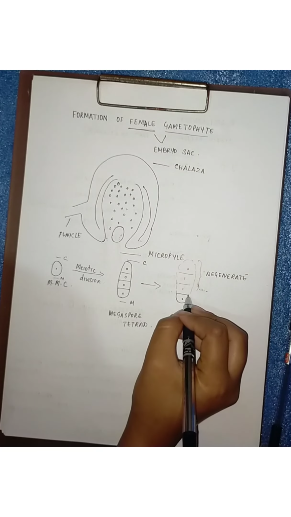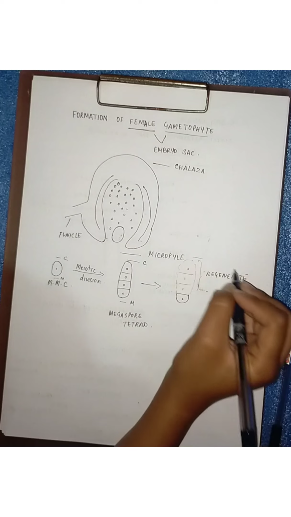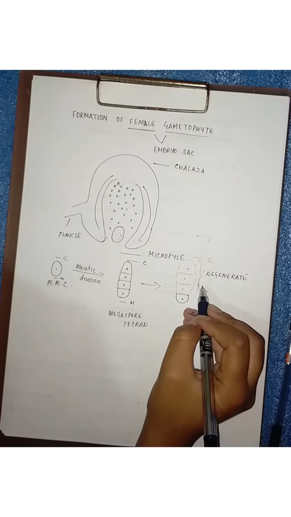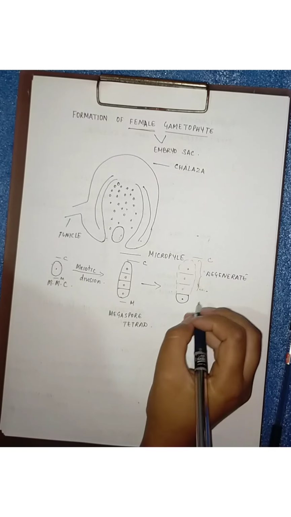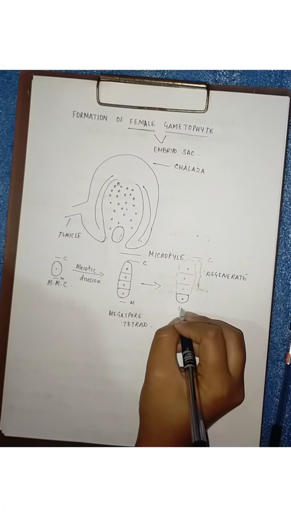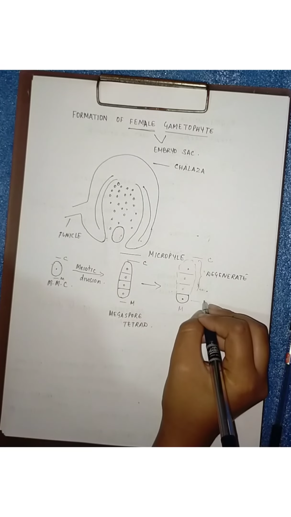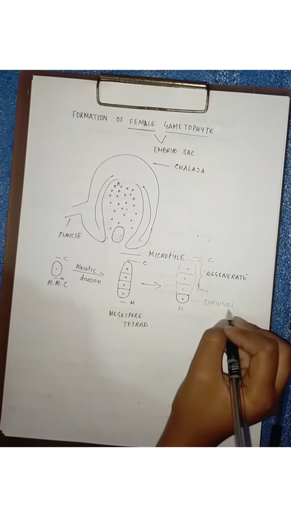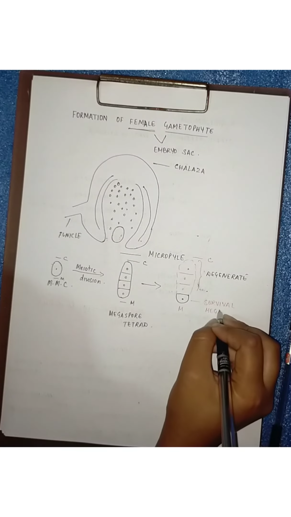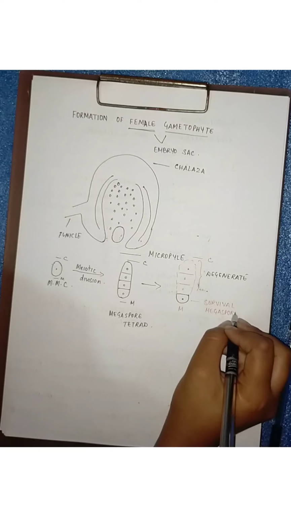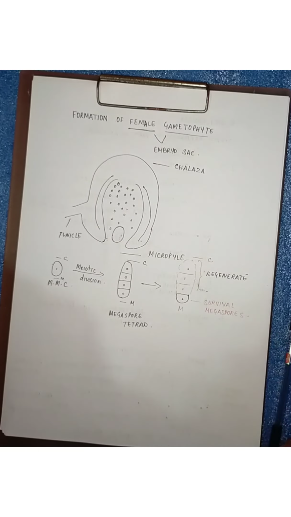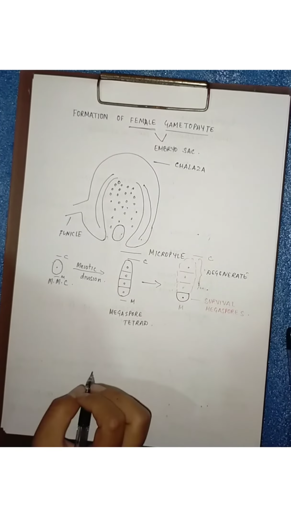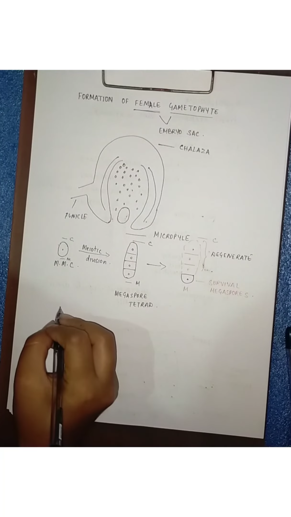The three cells which are towards the chalazal degenerate, and the one which is towards the micropyle is the surviving megaspore. So this is the surviving megaspore.